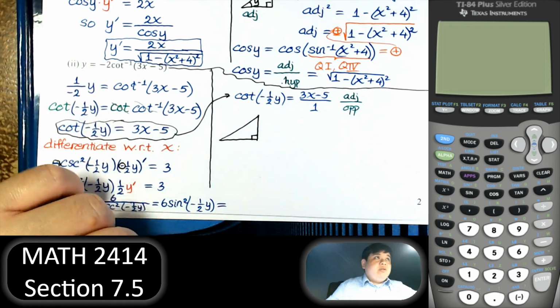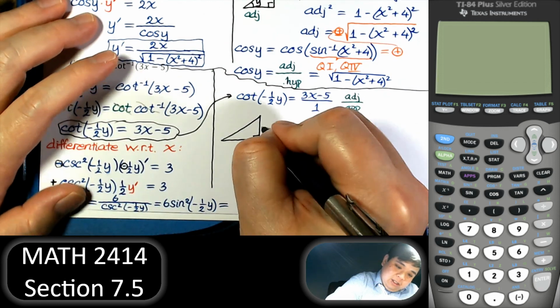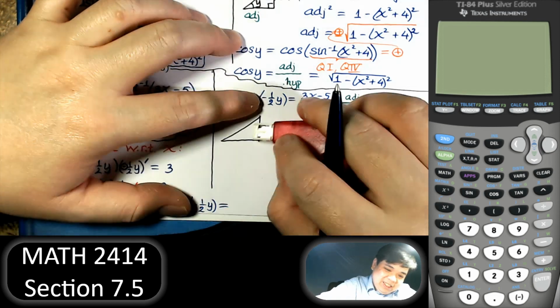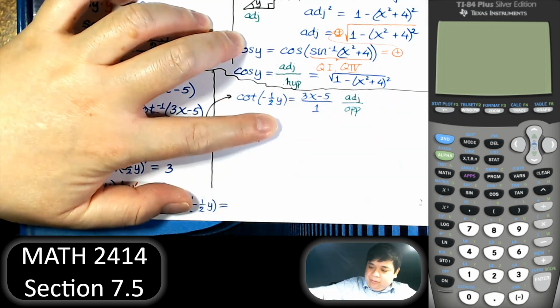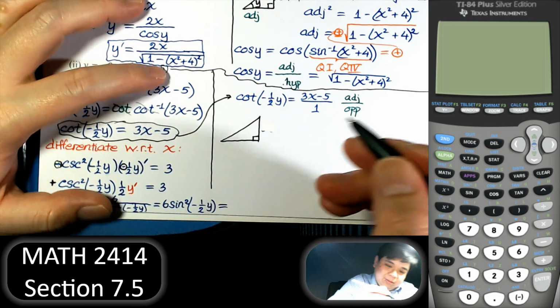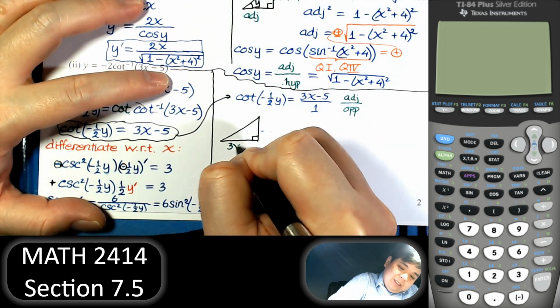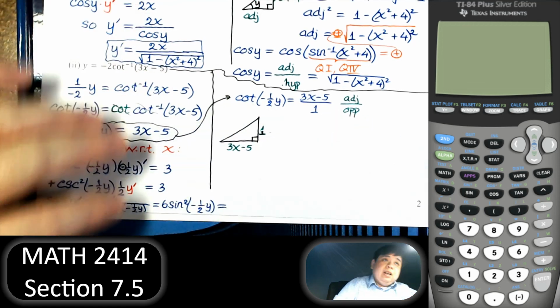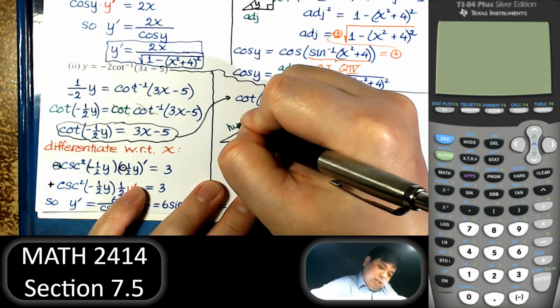Adjacent is 3x minus 5. Adjacent. Opposite. Right, the hypotenuse.